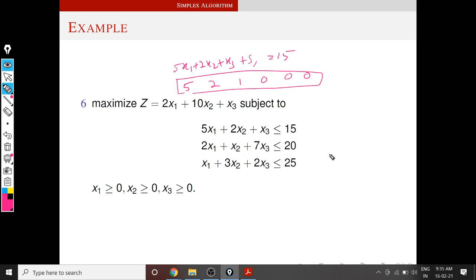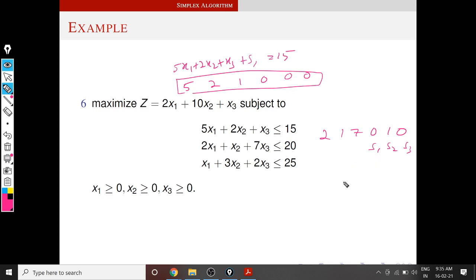Similarly, what is the second row? The second row is 2, 1, 7, 0, 1, 0, because this column corresponds to s1, this to s2, this to s3.